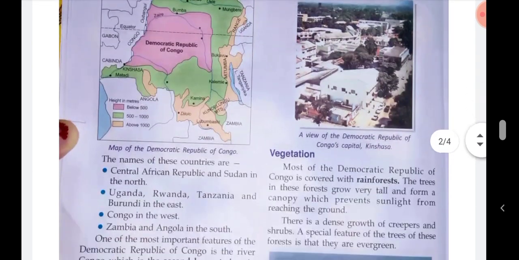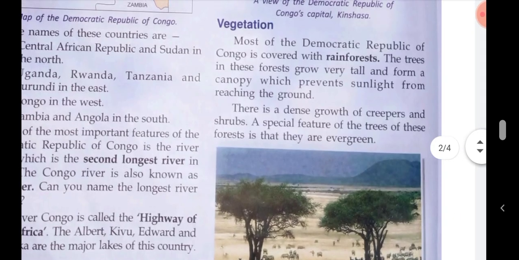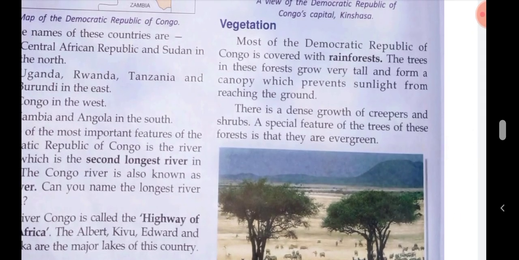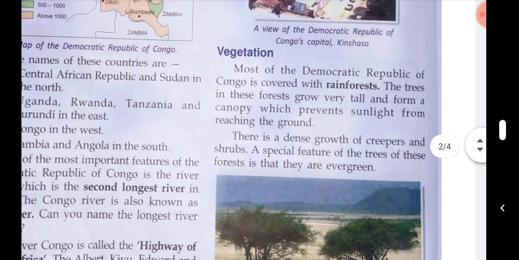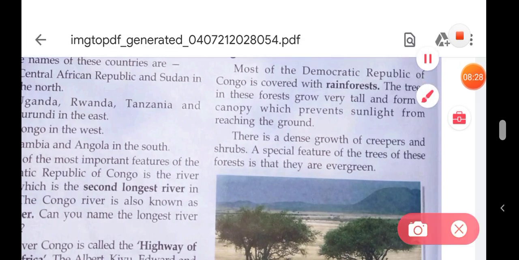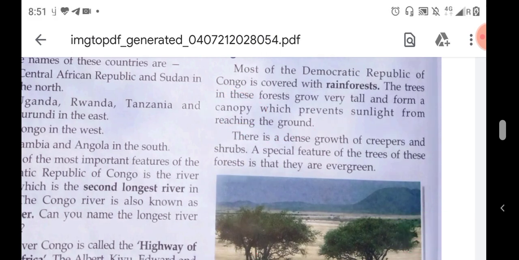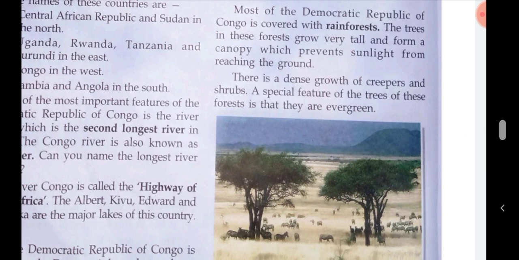Okay student, so now we will learn about the vegetation of this place. Most of the Democratic Republic of Congo is covered with rainforest. The trees of this forest grow very tall and form a canopy which prevents sunlight from reaching the ground. These trees form a canopy, very thick, like this. You can see in this figure there is a dense growth of creepers and shrubs.